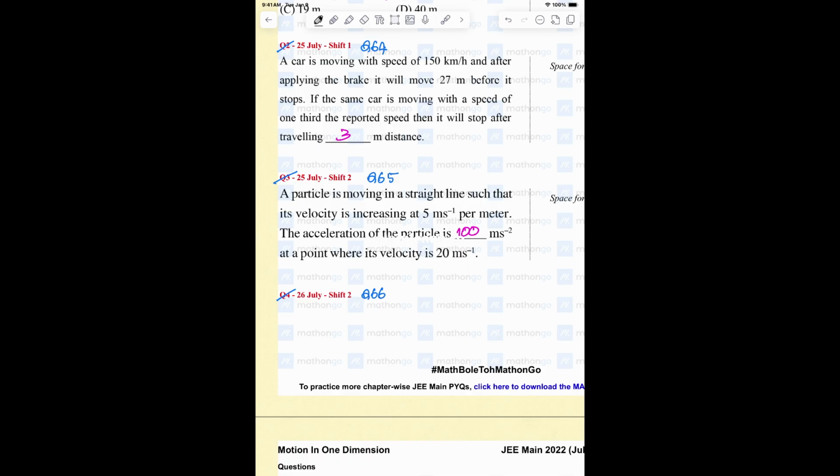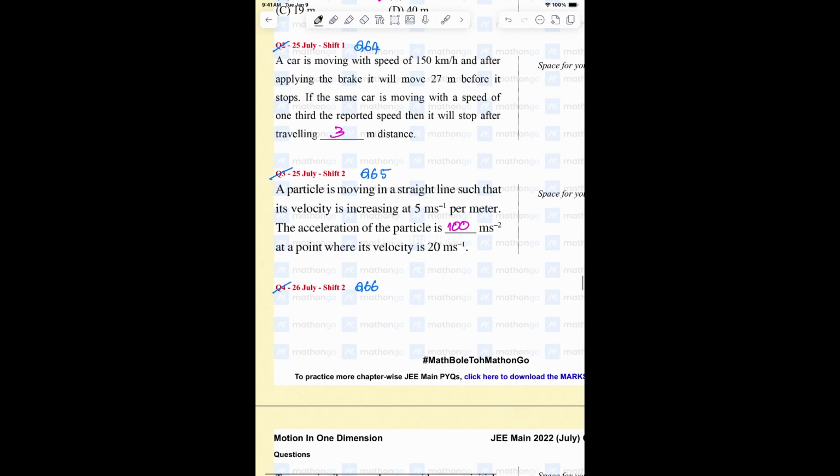That means this must be a graph between velocity versus displacement, because it is given per meter. Therefore, this is a velocity versus displacement graph, with velocity increasing at the rate of 5 meter per second per meter.